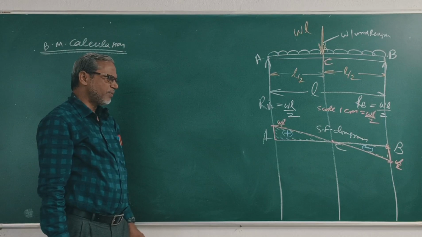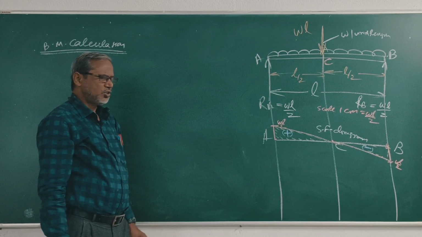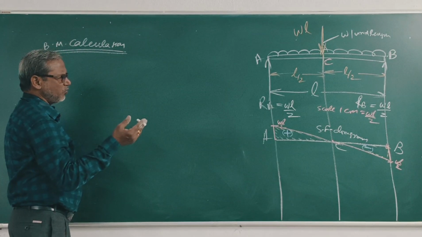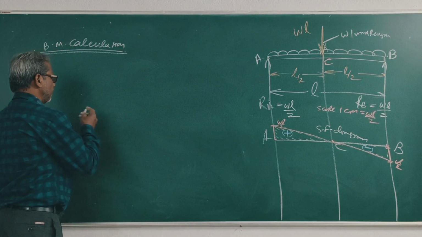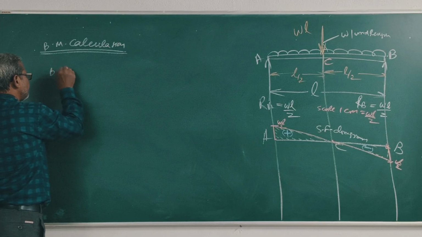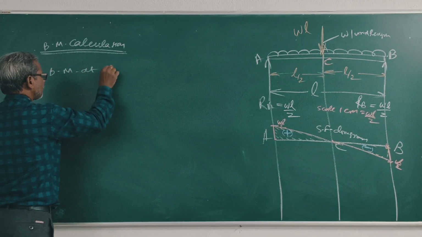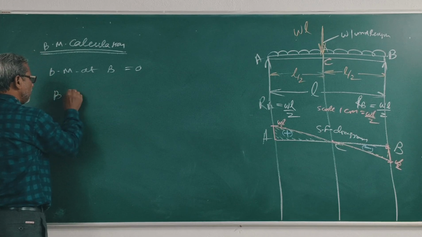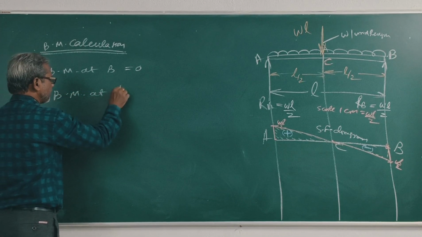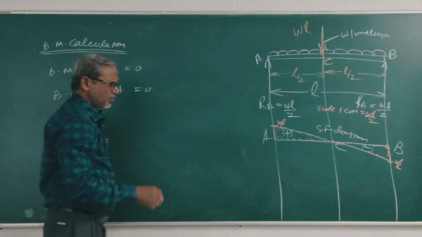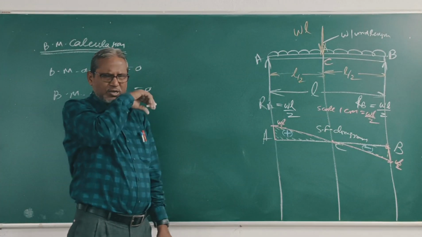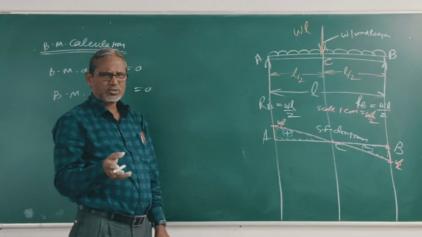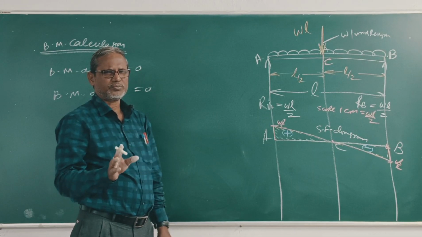Bending moment at B is 0, because to the right of B there is no force. So BM at B is 0, and at A also 0, because I have already told you design points. In the case of a simply supported beam, at the two supports, the bending moment is 0.